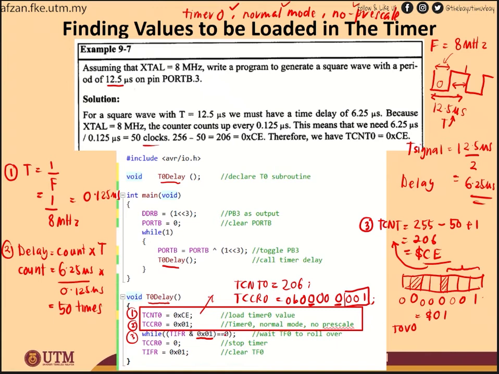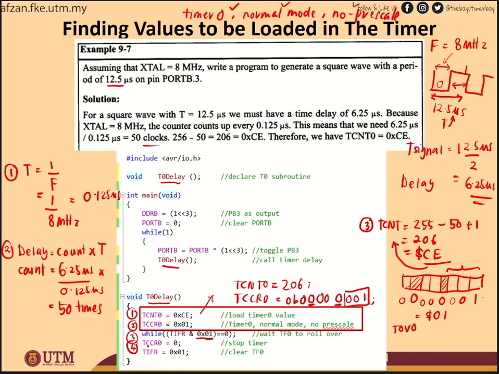Is it equal to 0? If yes, it keeps looping. If not, when your TIFR, which is your TOV0 bit, equals 1, it will exit this while loop, and then the fourth step is to stop your timer.